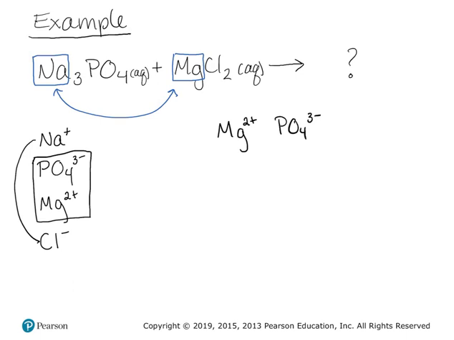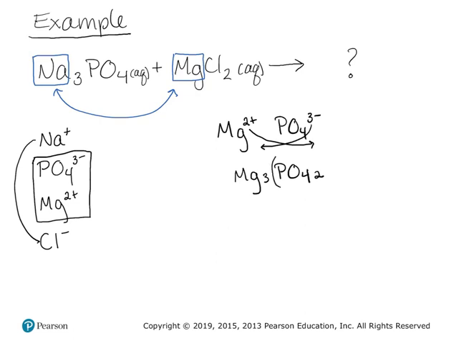So remember my trick, you can always switch the charges and make them subscripts. So this would be Mg3PO42. Oh, but that looks like we have 42 phosphates, right?